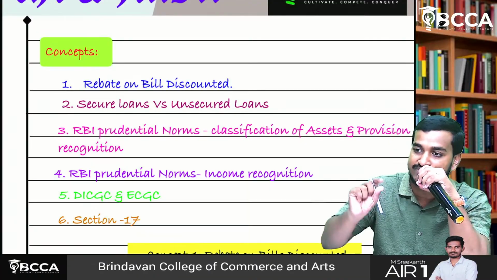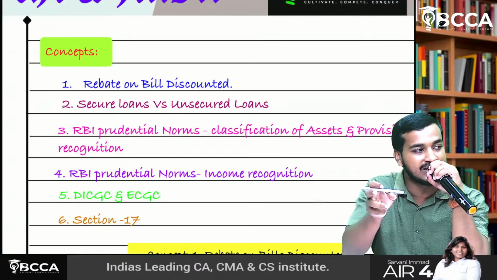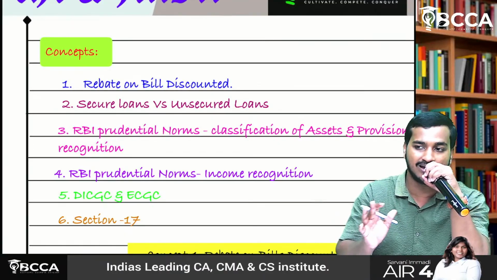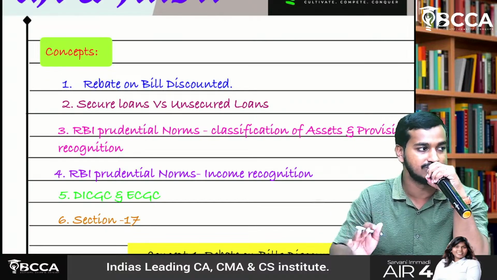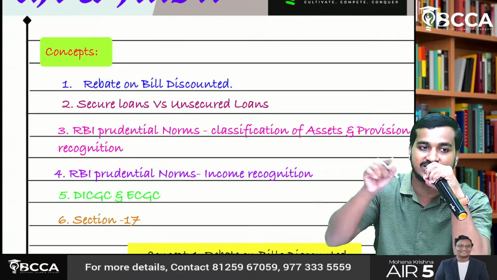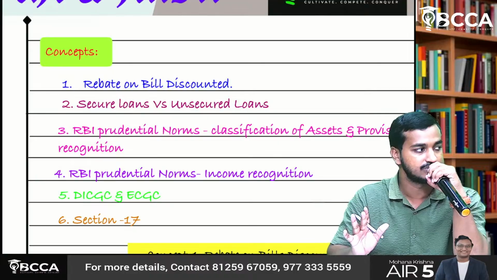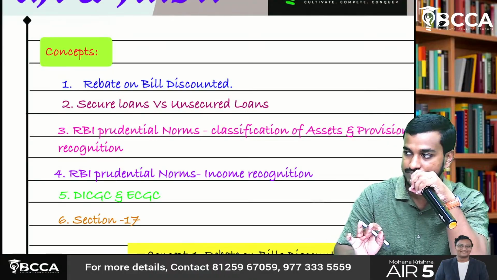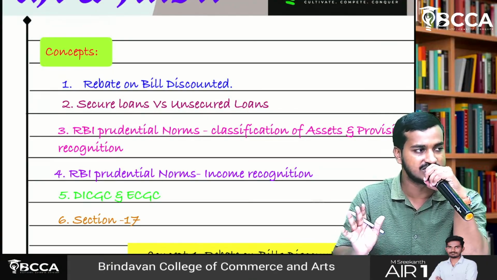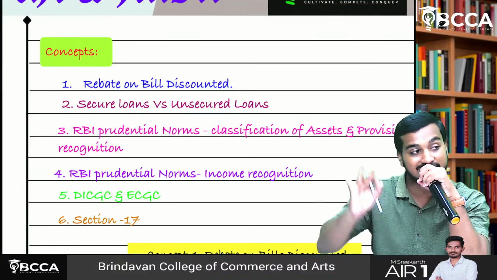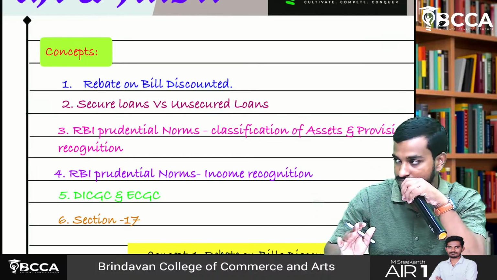Or if they want to twist the question, they may include a leap year. Generally, the majority of students will ignore that point. We have to use 366 instead of 365 if they have given a leap year, otherwise 365 only. That is the maximum level they can twist the question.